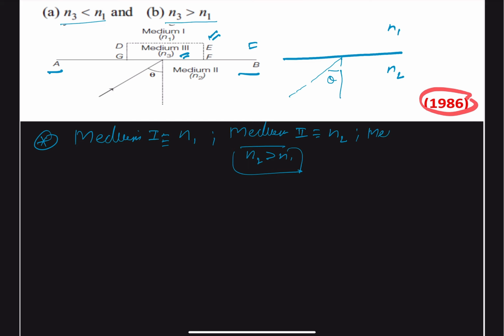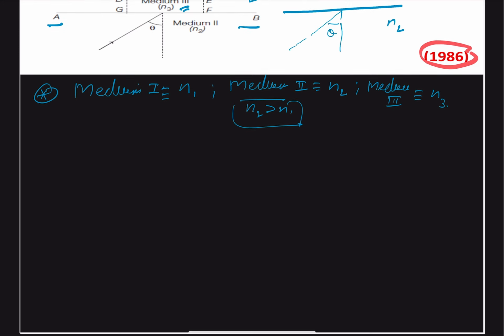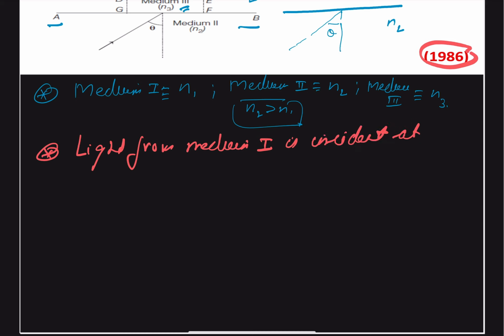And we have medium 3, which has a refractive index of n3, and light from medium 1 is incident at angle theta on interface AB.